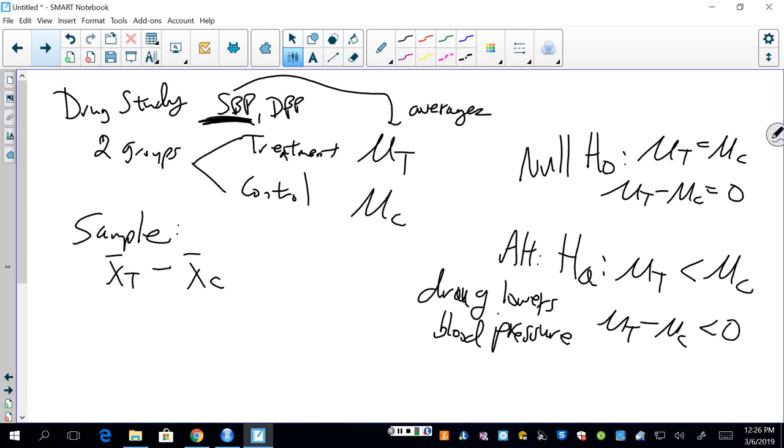But then the question is, how far away does this actually have to be from equal? How far below zero is it before you're able to convince people that it really is clear that the treatment average is smaller?